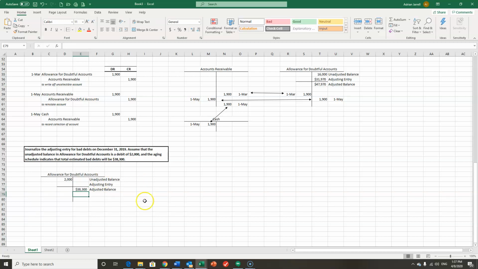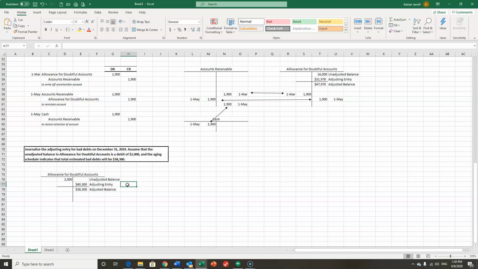Now, if I have a debit balance unadjusted and I need to adjust it to get to a credit balance, then I need to add those 2 numbers together. So my adjusting entry should be a credit entry of $40,300, given the debit balance of $2,000.